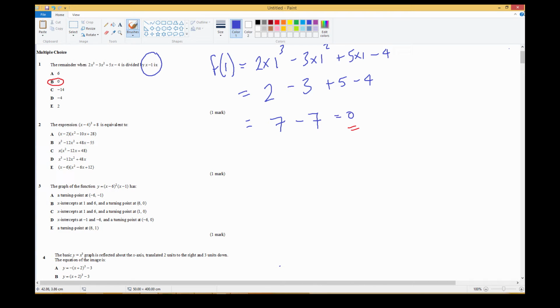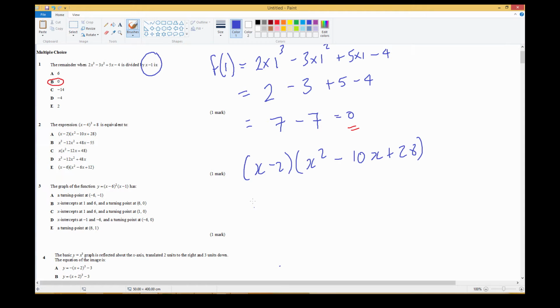So we'll do it manually. Right, so we've got x minus 2 times x squared minus 10x plus 28.